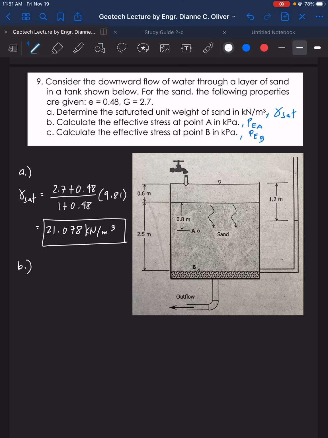B. Determine the effective stress at point A in kilopascal. So it's looking for point A here. Again, we need to insert a tube. Okay, so where can we draw that tube? Let's draw the tube here.